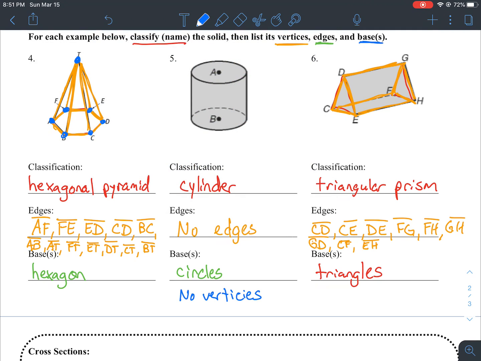Lastly, all of our vertices are just anywhere where the shape comes to a point. D, C, E, G, F, H.